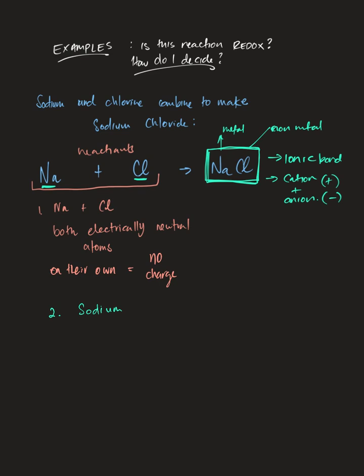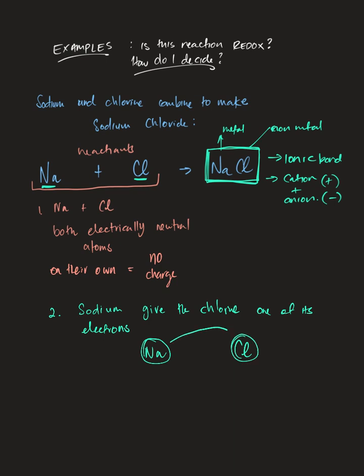So the second thing that happens is that when they come into contact with each other, the sodium is going to give the chlorine one of its electrons. And we know this because this is one of the most common examples that we use. So you're basically going from Na, which is neutral, to Cl.